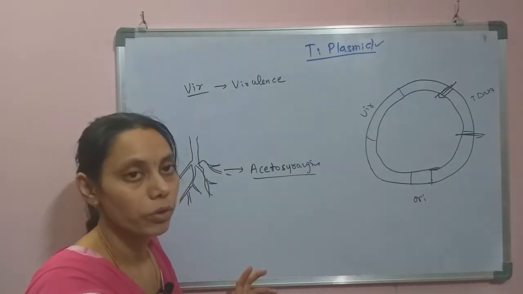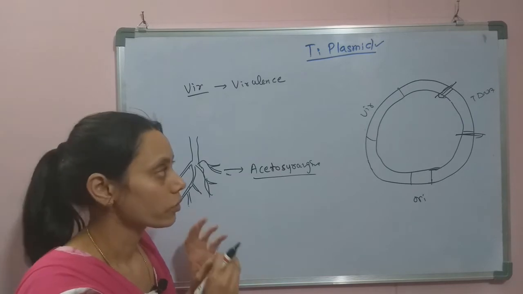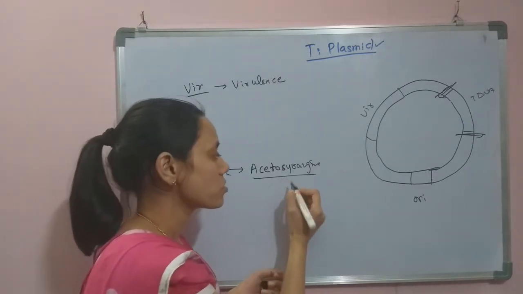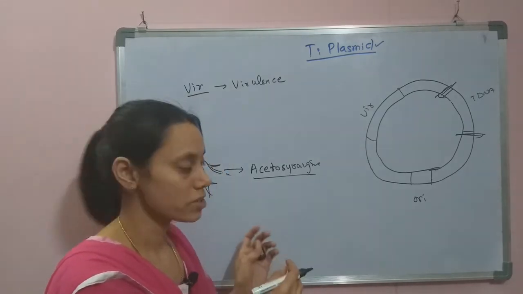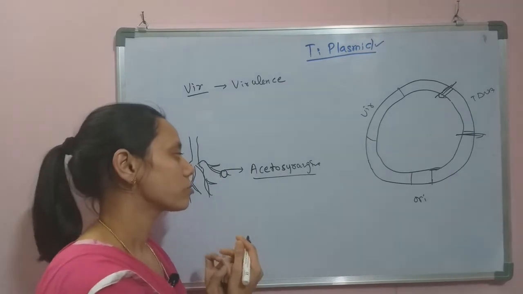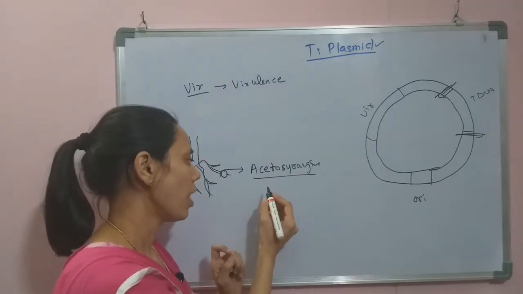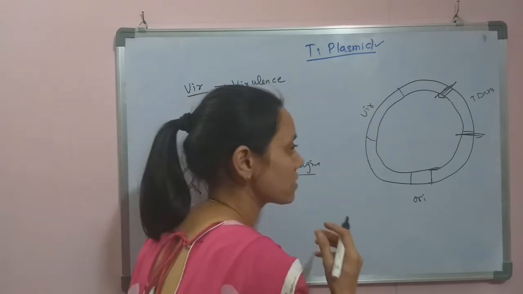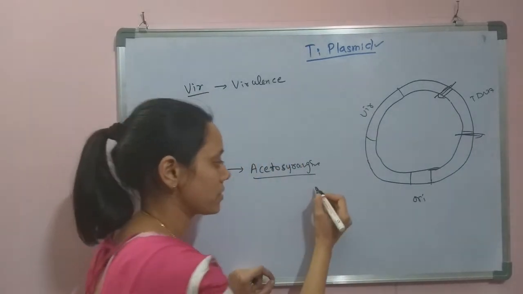This is the most reported phenolic compound during Agrobacterium infection. So this acetosyringone will be released from the wound of the plant root, and it is the signal for the bacterial cell.